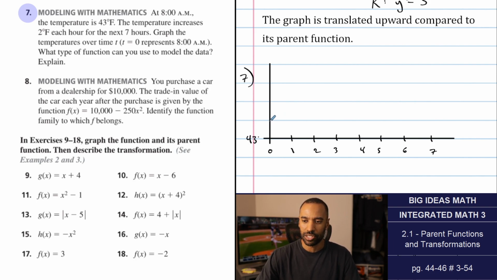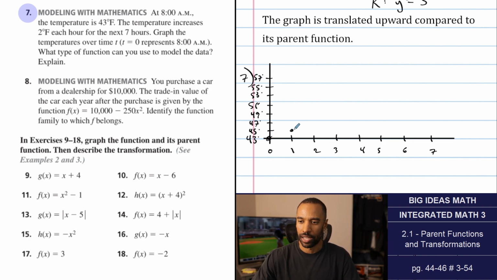And then it goes 2 degrees each time. 45, 47, 49, 51, 53, 55. These are all degrees Fahrenheit. All right, so yeah, I'm not getting too precise with this, but notice it is a constant rate.